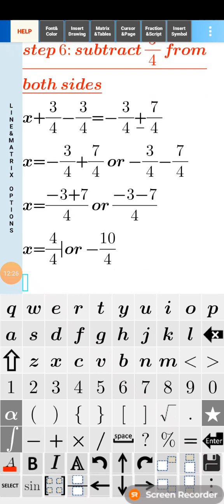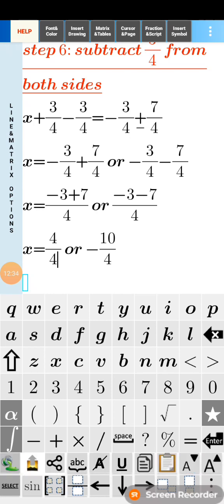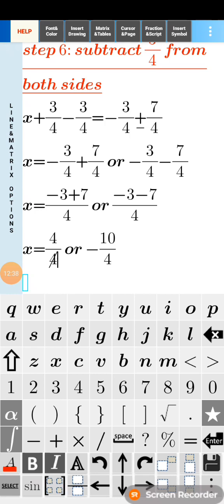So I will start dividing. I will start from the denominator. So 4 divided by 4 will give us 1. Then to the numerator, 4 divided by 4 will also give us 1.